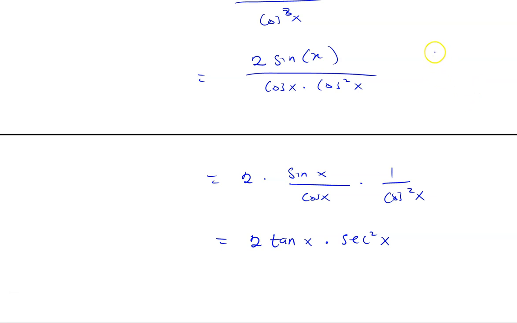Because if I should further explain for someone to understand it very well, it's the same as 1 on cos x all squared, right? And 1 on cos x is the same as sec x. So sec x all squared, right? And sec x all squared is given as sec squared x.